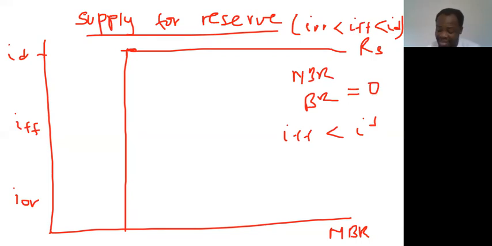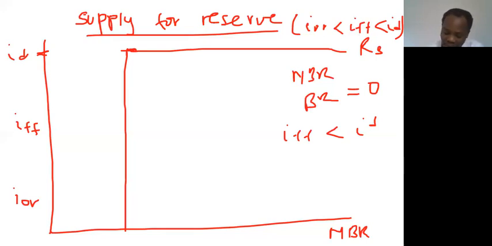Because if the federal fund rate is lesser than the discount rate, there's no way banks will move to the central bank and borrow, because they are better off borrowing through the interbank. So anytime the federal fund rate is lesser than the discount rate, the borrowed reserve is equal to 0, because no one is going to borrow from the central bank. They rather borrow from other banks among themselves.